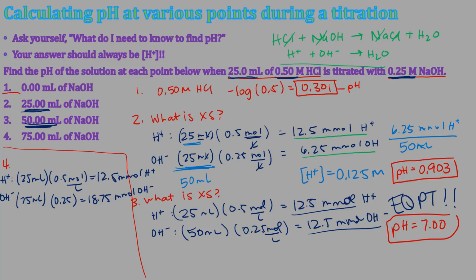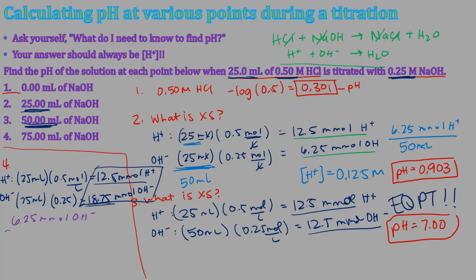So now I have 6.25 millimoles of OH extra, because when I compare these two numbers, H is going to run out after all of that is used up. And so I have 6.25 millimoles of OH left over.